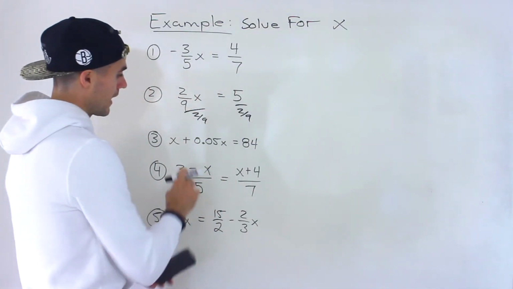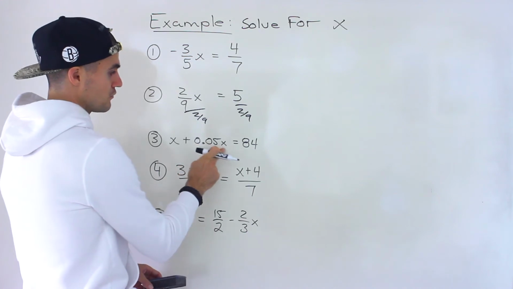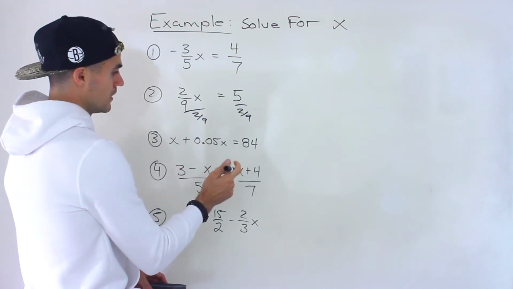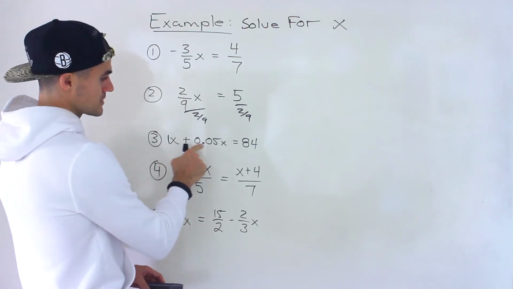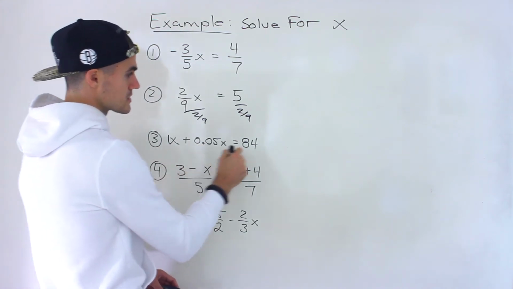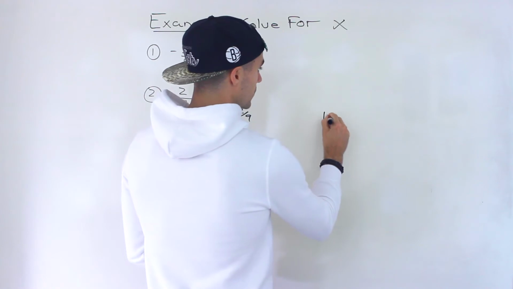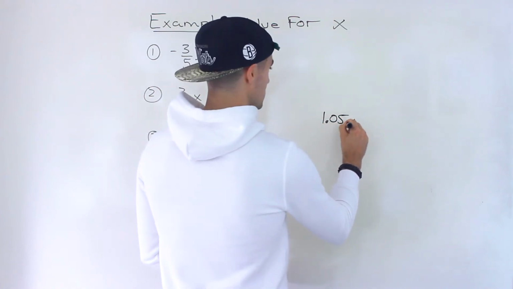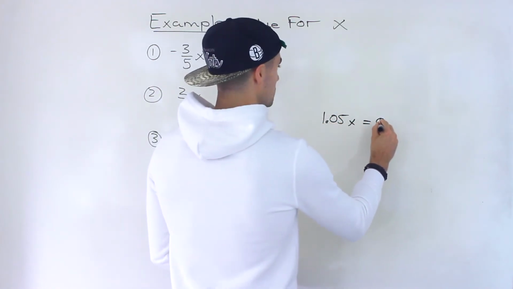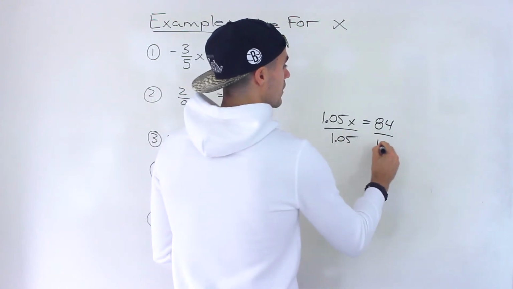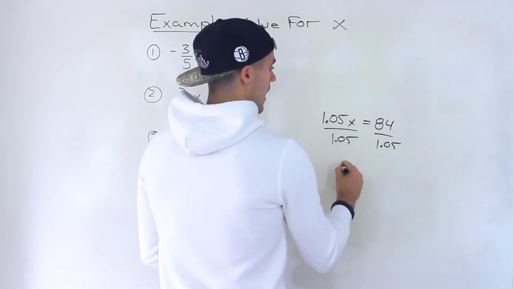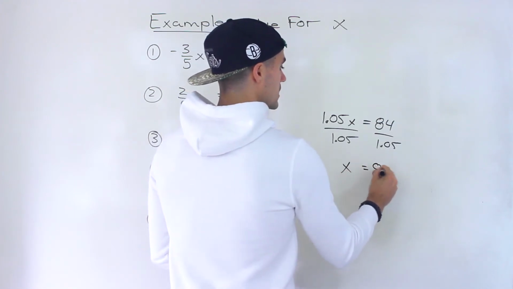Number 3, we've got x plus 0.05x equals 84. Notice these are like terms. We've got 1x plus 0.05x, which would end up just being 1.05x equals 84. Divide both sides by 1.05. X would end up being 80.